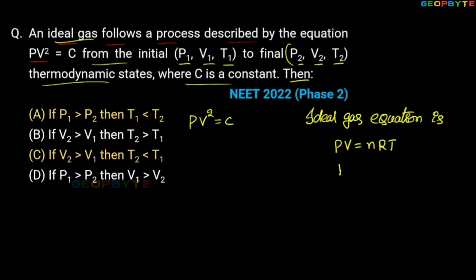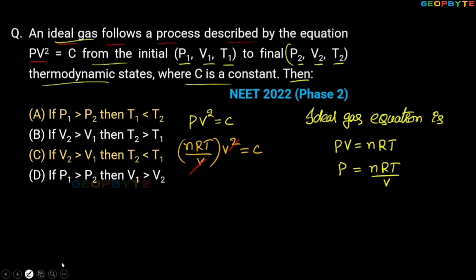From this, P equal to nRT by V. Let me write that value in the place of P. In the place of P, I can write nRT by V into V square equal to constant. One V is cancelled. Finally, it is nRTV remains constant.